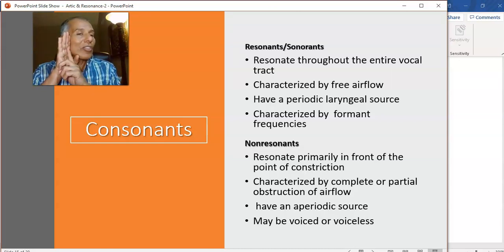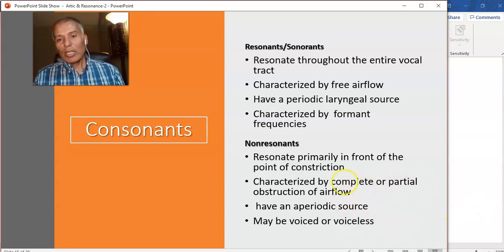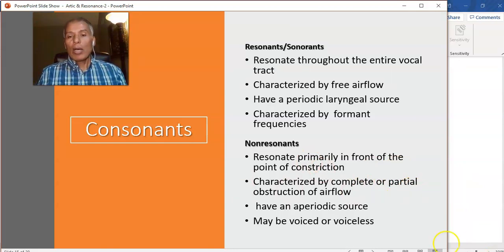In front of the constriction, the space from the constriction to the end of the lips, that is where your space is resonating, only in front of the constriction, and there is no resonance behind. Okay? So that is the difference. They resonate primarily in front of the constriction, and they are characterized by either partial closure somewhere in the vocal tract or by complete closure. And they have an aperiodic source, okay? And the aperiodic is like obstruction in the oral tract.